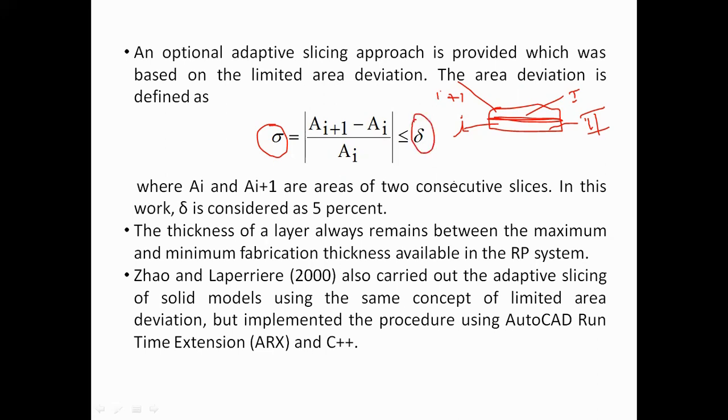Now what is delta? Delta was considered as the correction factor, or the tolerance, that was allowed for the solid model to deviate during the slicing process.